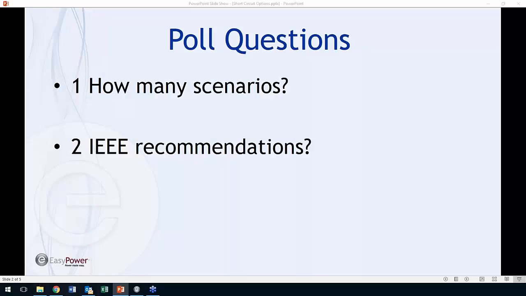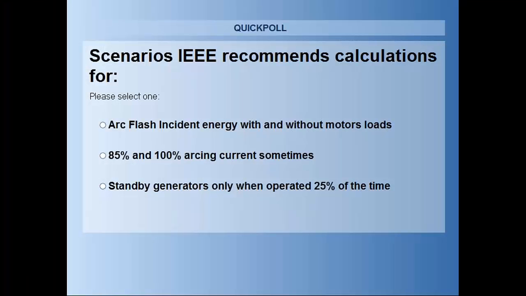So let's look at the second question, and that is regarding the IEEE recommendations for doing calculations. Which of these do you consider whenever you're doing arc flash studies, as far as making sure that your results are complete?